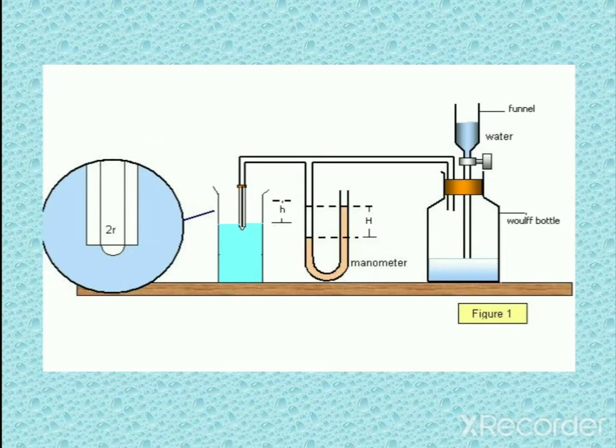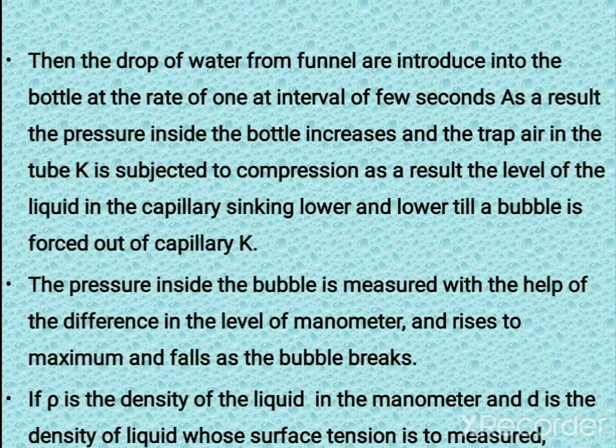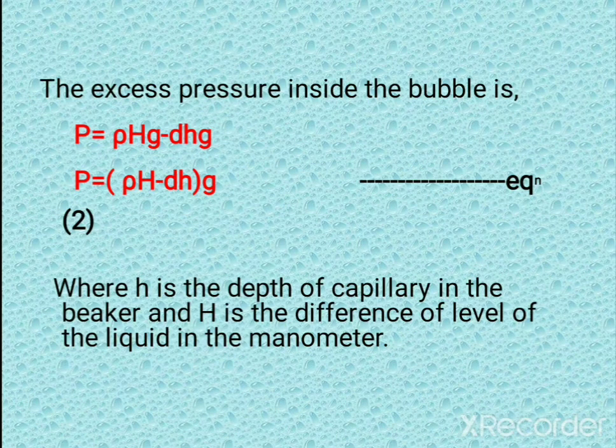Then we can find the excess pressure of that air bubble from the manometer tube. See, the excess pressure inside the bubble is P equal to (ρh minus dH) g, where ρ is the density of the xylol liquid in the manometer, and h is the difference of the liquid levels in the manometer tube, and d is the density of the liquid whose surface tension is to be calculated.